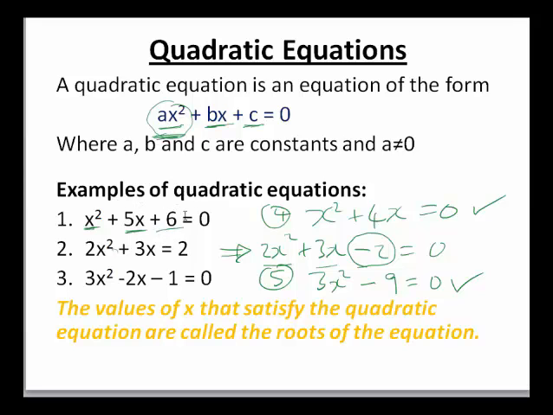We gave examples of quadratic equations. Example, x squared plus 5x plus 6 is equal to 0. Here the coefficient of x squared is 1 and the coefficient of x here is 5.